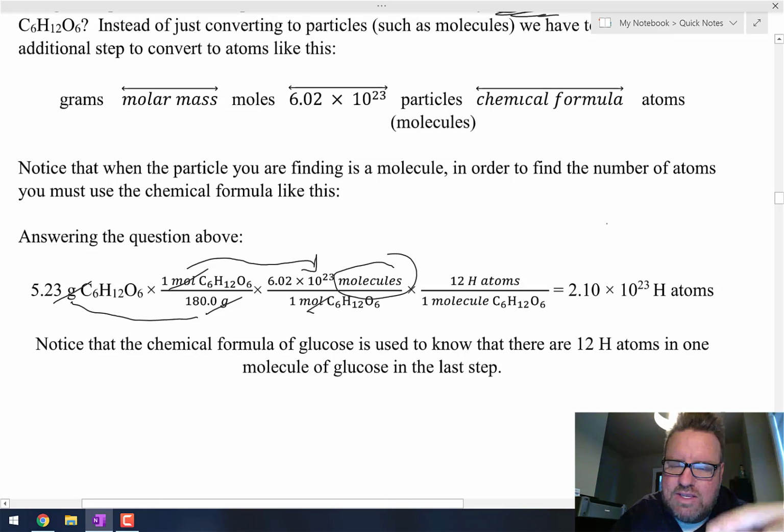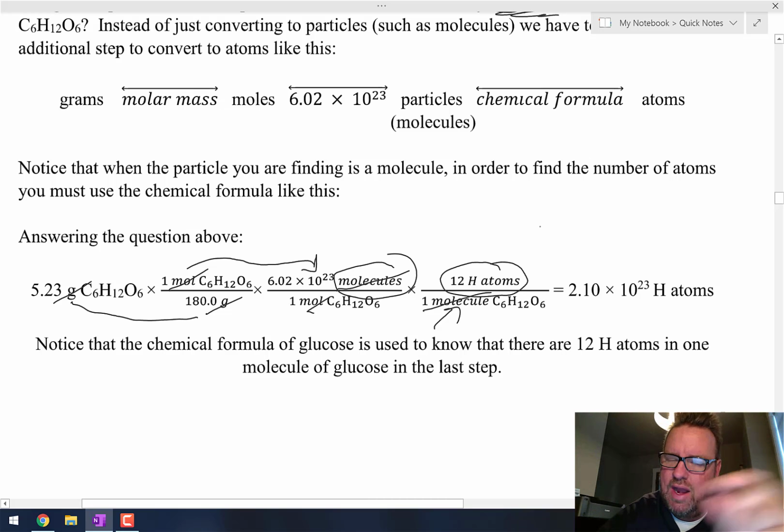My last step is I can say that 1 molecule, so that molecules cancel, 1 molecule of this actual molecule of C6H12O6 has 12 hydrogen atoms in it. Okay, and how do I know that? Because I look at the chemical formula.